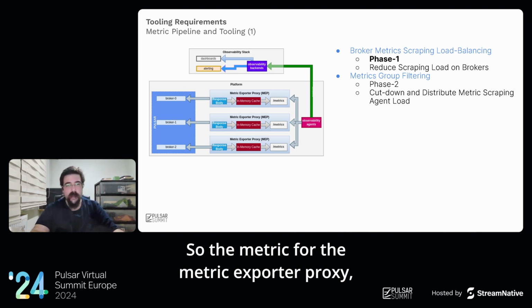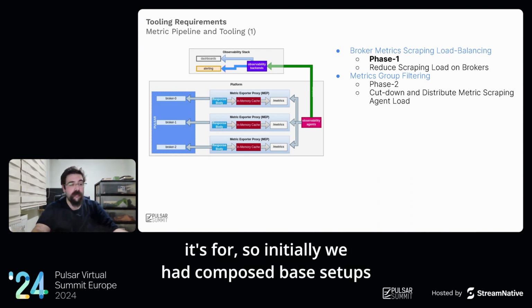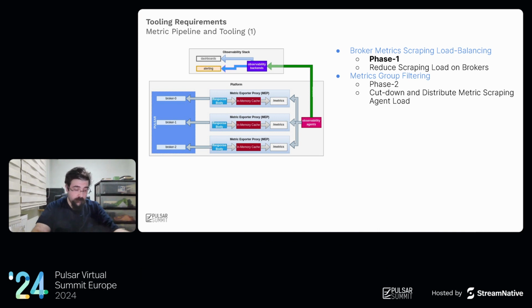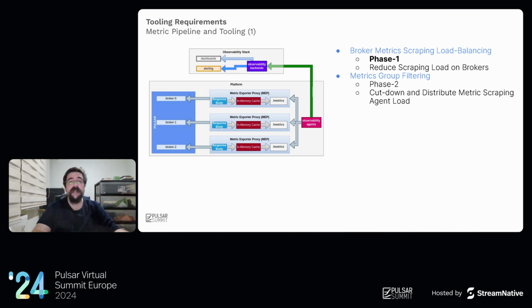So for the metric exporter proxy, initially we had compose-based setups where we'd spin up a standalone instance of a Pulsar, then a dummy service, then we started to extend it.